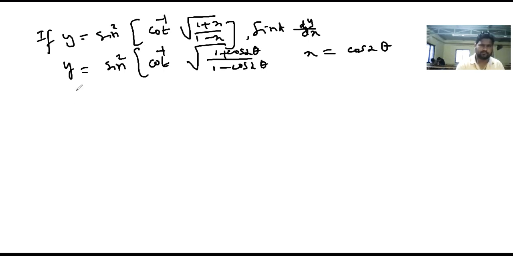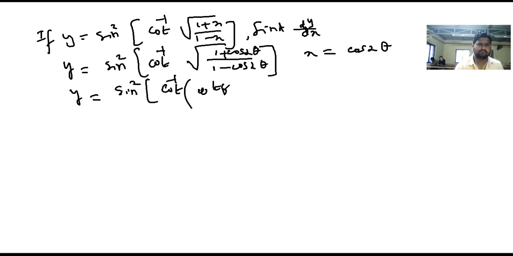Bracket complete. 1 plus cos 2 theta is 2 cos square theta, and 1 minus cos 2 theta is 2 sin square theta. If you substitute this, what do we get? Cot theta, 2 cos square theta by 2 sin square theta. So cot inverse and cot get cancelled, and y equals sin square theta.